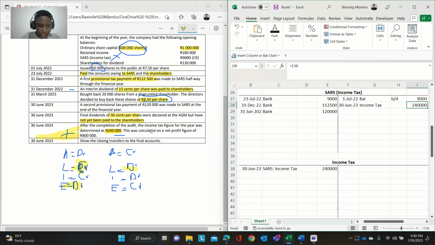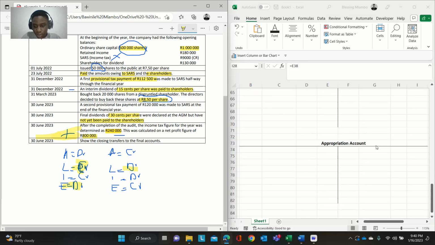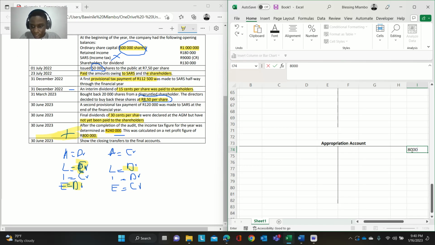And they say this was calculated on a net profit figure of 800,000. This net profit is always taken to the appropriation account. The appropriation account, remember, is where we're going to distribute this profit to income tax, dividends, and the balance is going to retained earnings. So we have profit for the year.